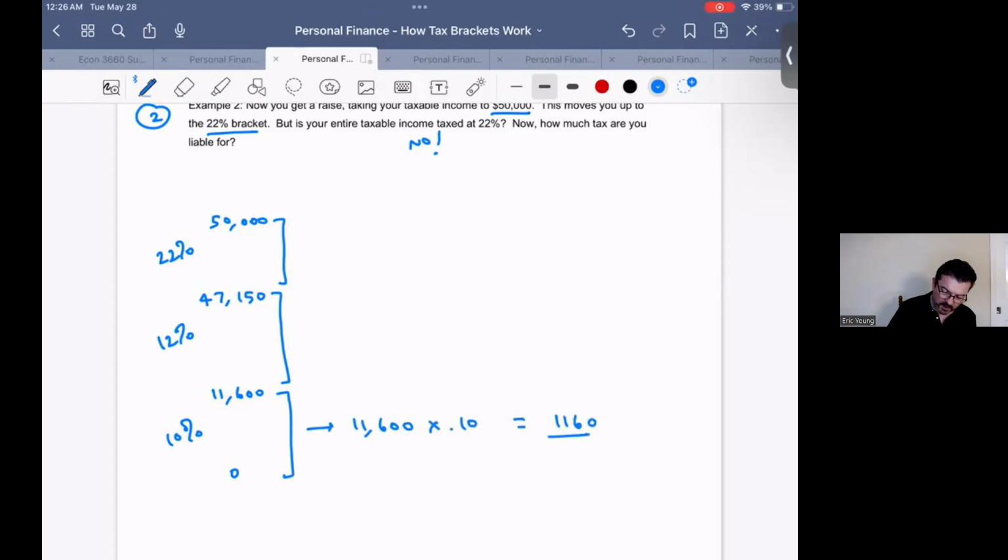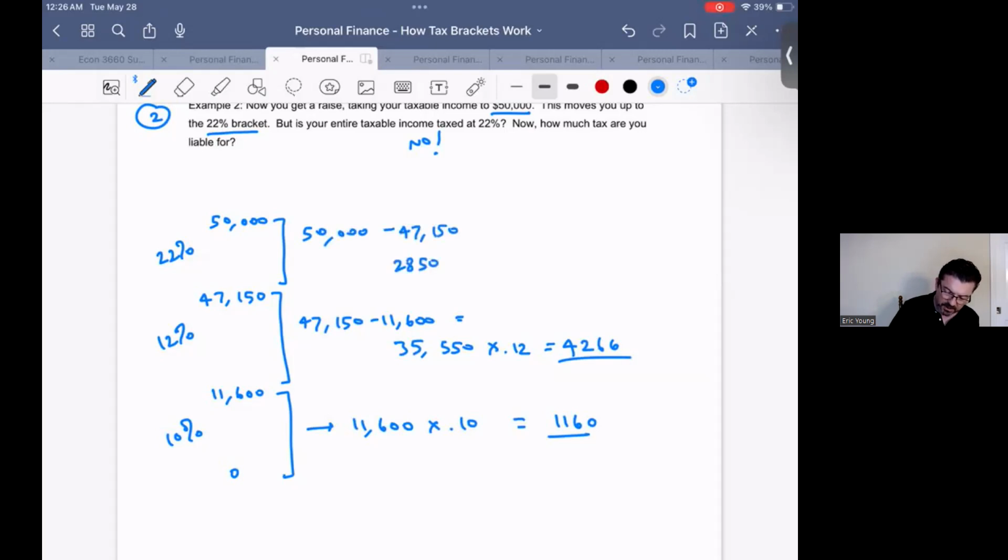Here, 47,150 minus 11,600, that's going to be 35,550, and that'll be taxed at 12%, and that's going to be 4,266. And then up on top, you have 50,000, because you got that raise, minus 47,150. This means that you're going to have 2,850 multiplied by the rate of 22%, and that's going to be 627.